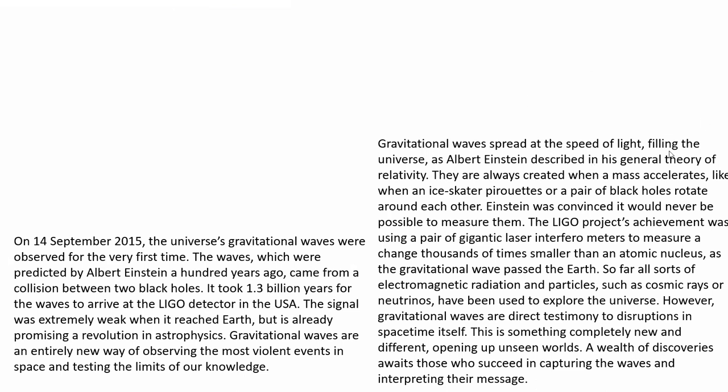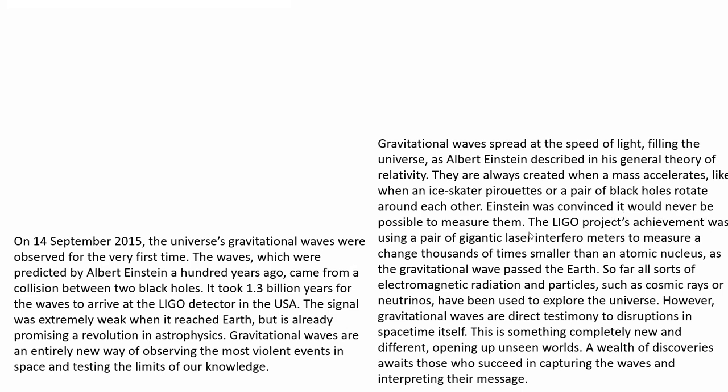Gravitational waves spread at the speed of light, filling the universe, as Albert Einstein described in his general theory of relativity. They are always created when a mass accelerates, like when an ice skater pirouettes, or a pair of black holes rotate around each other. Einstein was convinced it would never be possible to measure them.